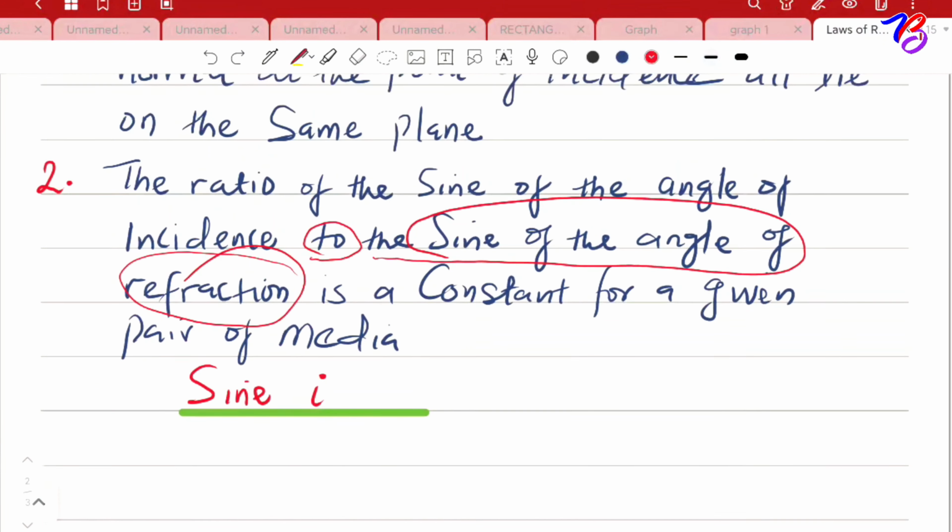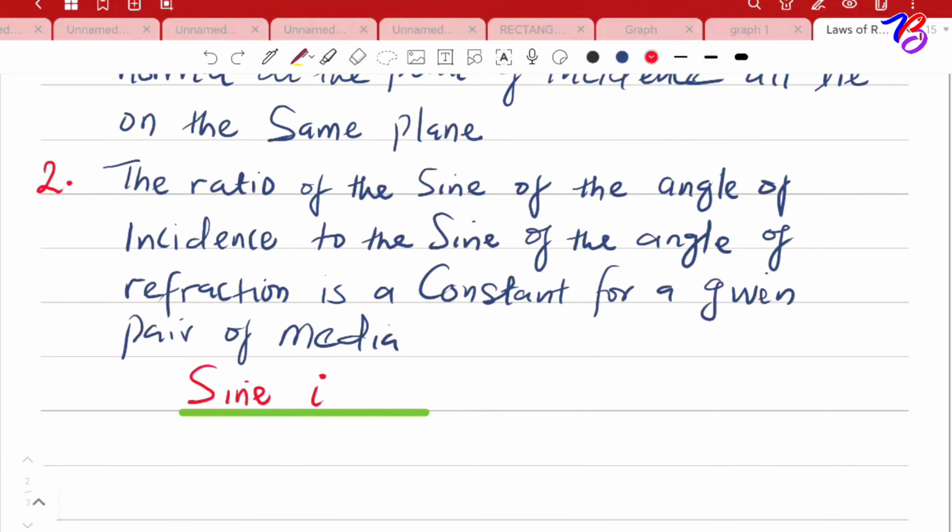So sine r now. Okay? So sine i divided by sine r is equal to constant. That's what it means. So let's write that, is equal to constant. And this constant, the symbol is this.